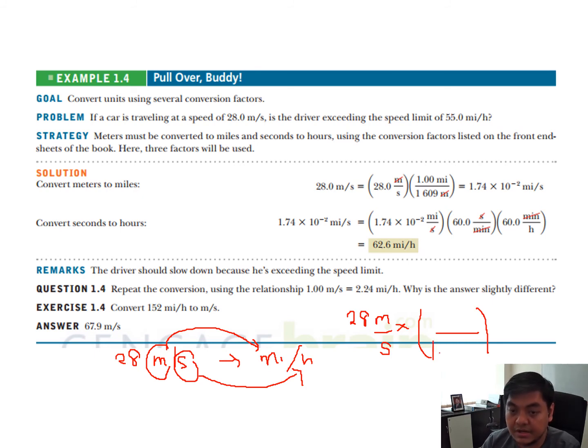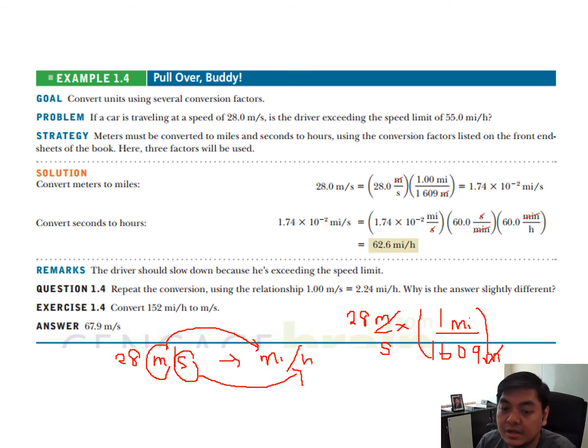So from the earlier calculations, 1 mile is equivalent to 1609 meters, and that will cancel out m and m.